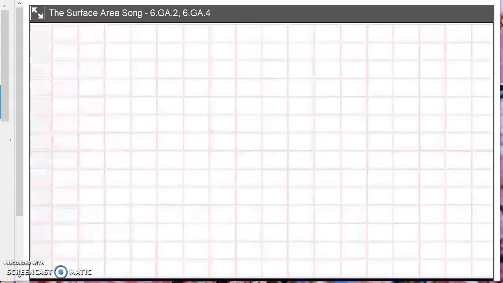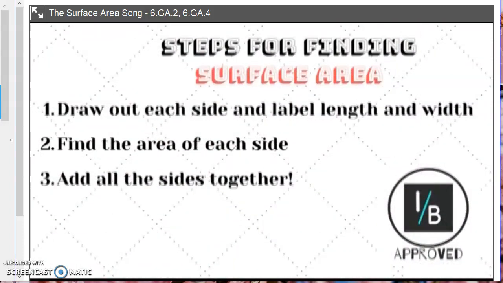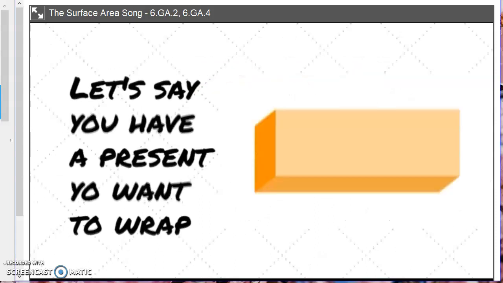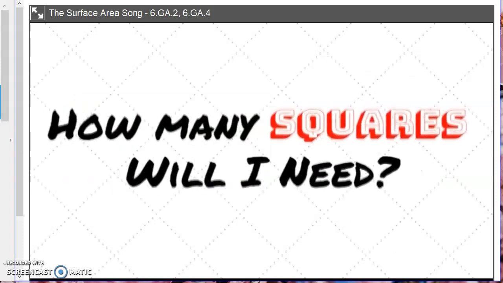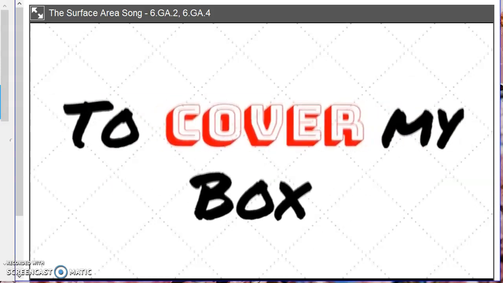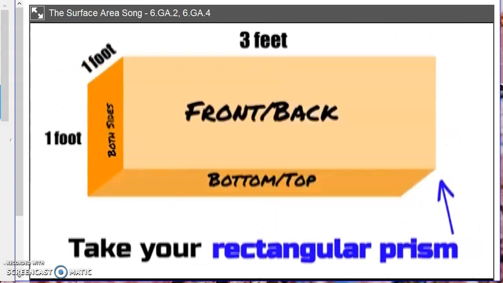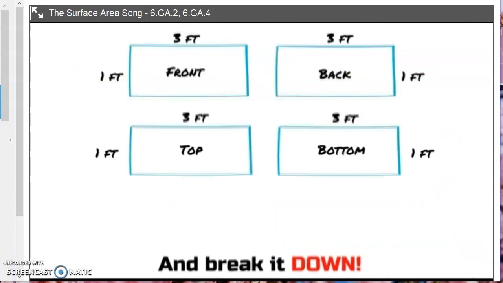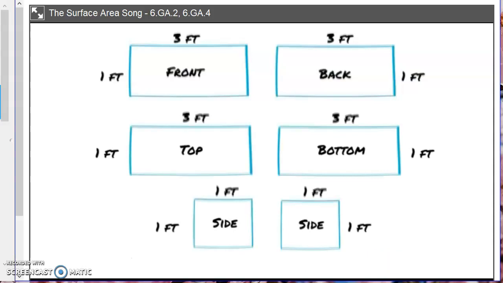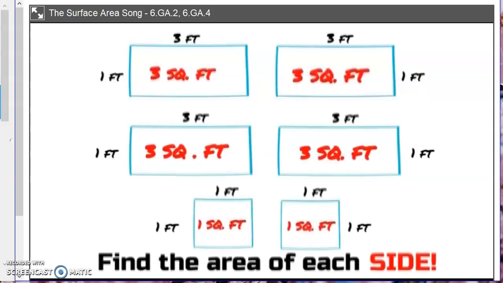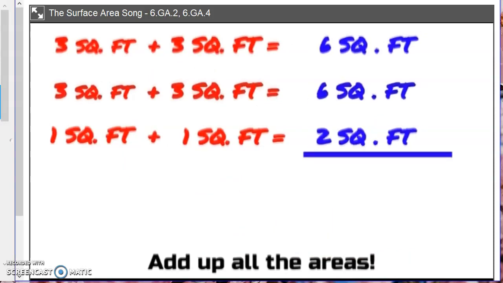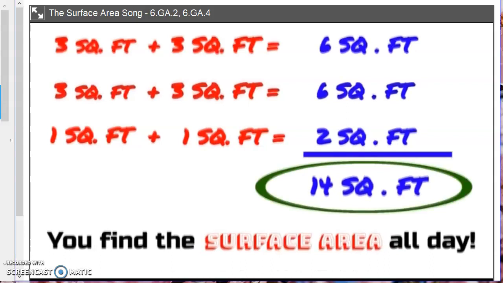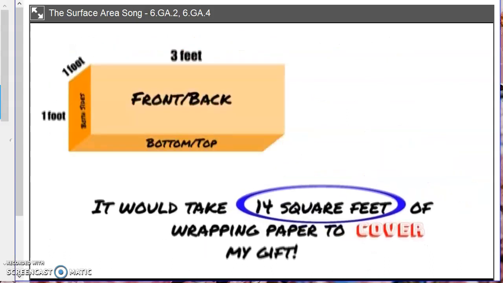Let's say you have a present you want to wrap, but in your closet you only have scraps. How many squares are you gonna need to cover your box? You know it's 3D.